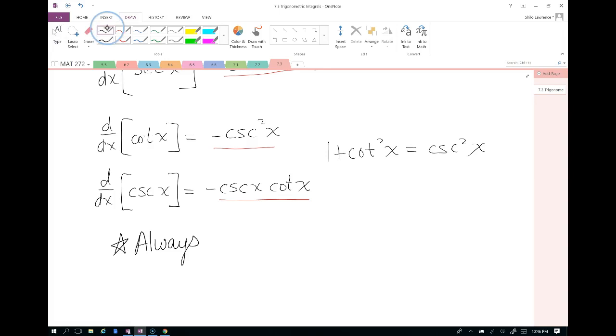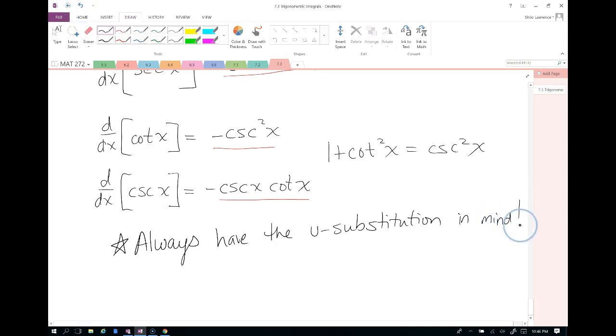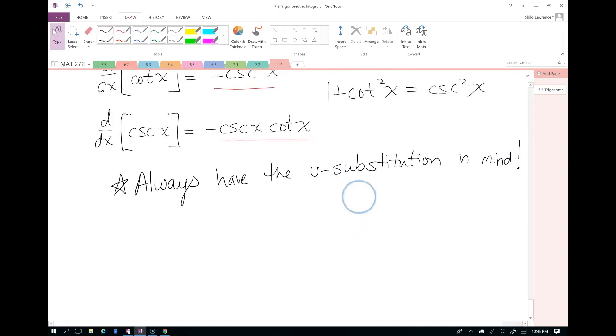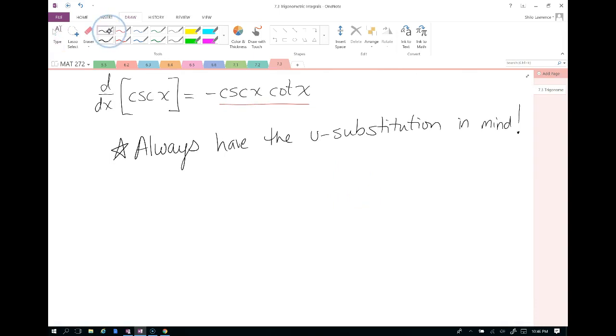So always have the u substitution in mind, which means we always need to be thinking about these derivative relationships. We're still going to be using our Pythagorean identities to switch back and forth.